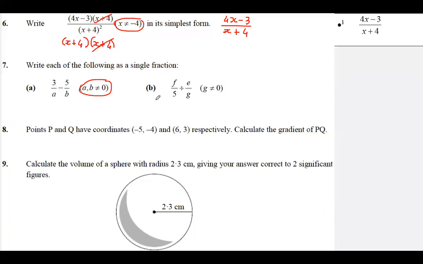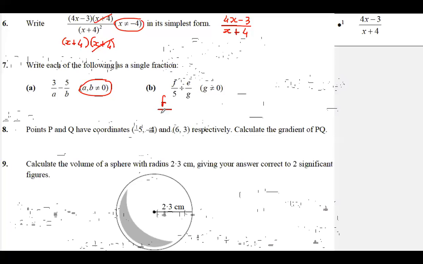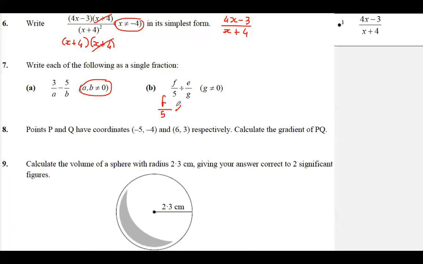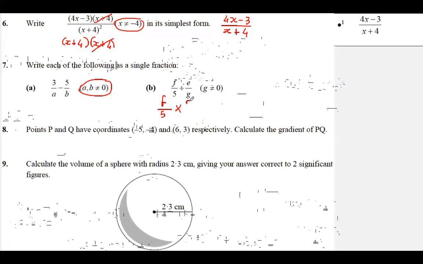For this one, it's f over 5 divided by e over g. We said when we divide two fractions, what do we do normally? Keep the first, change the divide sign to a multiplication. So f over 5 times g over e, and you flip the second one.